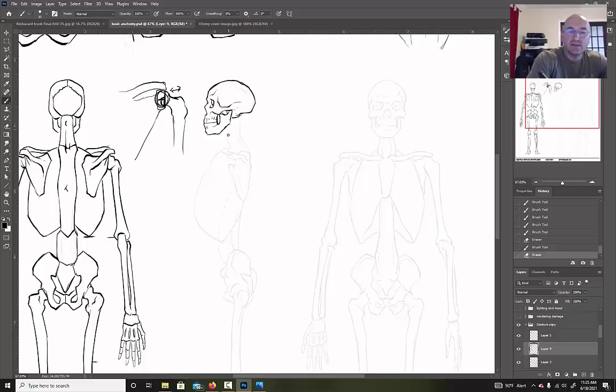And again, the 7 cervical bones before they go into thoracic, and then lumbar is down here. The clavicle is a curved bone that goes into the scapula.